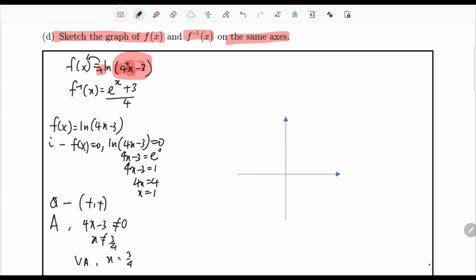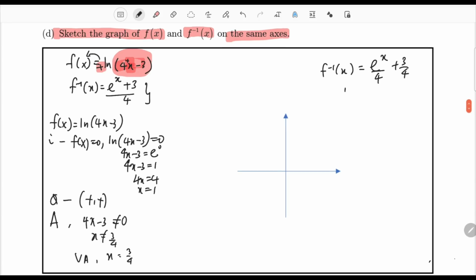And then similarly for f inverse of x, you need to split the denominator, so e power x over 4 plus 3 over 4. And then again, I, the intercept, that is when x equal to 0, so for f inverse of x, we will get e to the 0, that will be 1 over 4 plus 3 over 4, so you get 1.